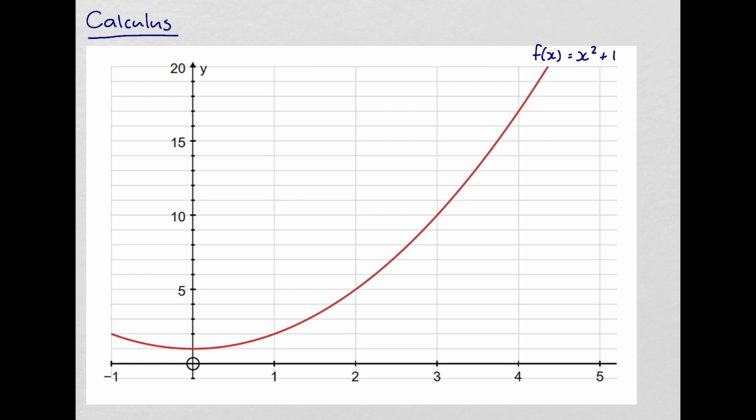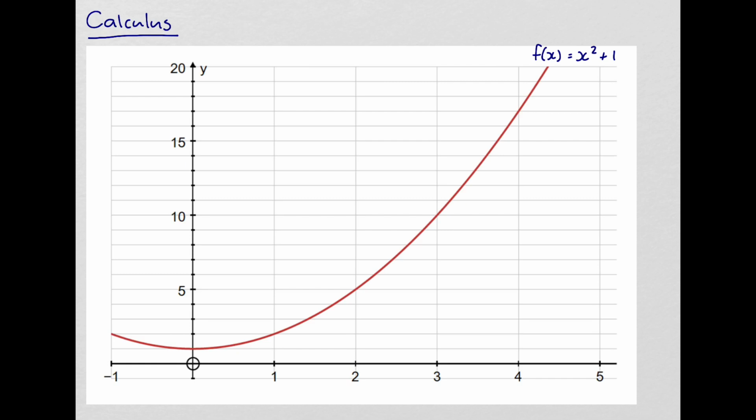At the origin the gradient is 0, because that's the turning point. The gradient in this region is much steeper than in this region. So it's not regular, and there isn't just one formula that can help us work out the area.